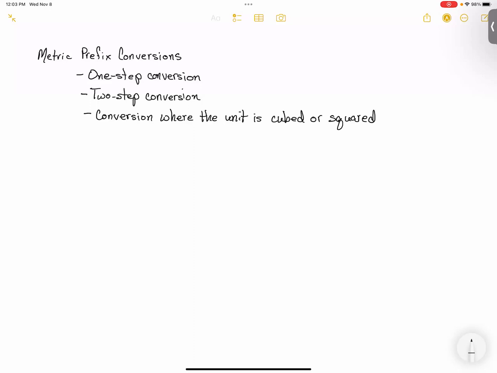After that, we'll get into the English and English to metric conversions.